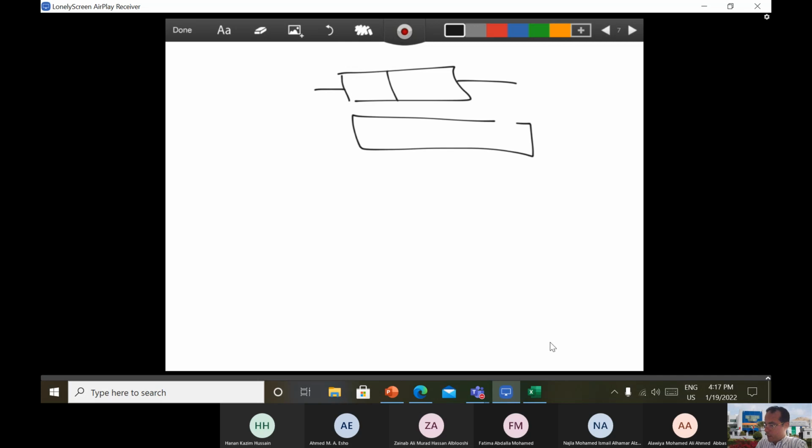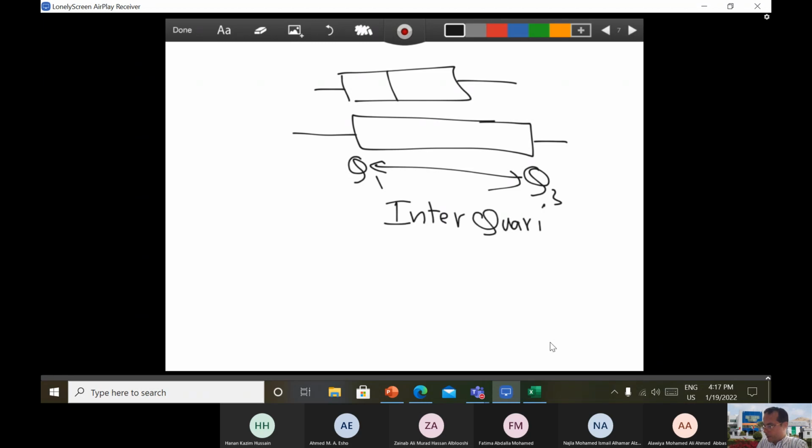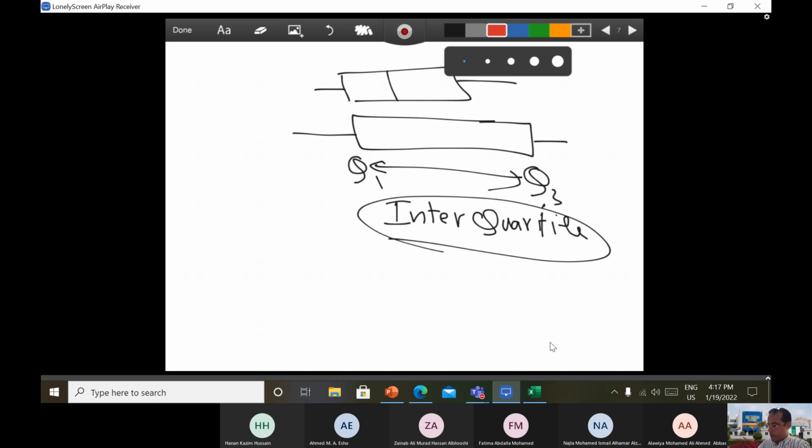The bigger box means more variation. From Q1 to Q3, this part is called the interquartile range. The bigger the interquartile range, the more variation.